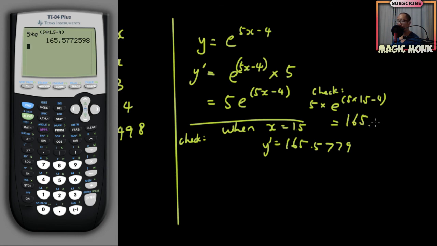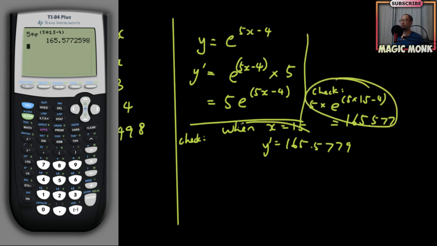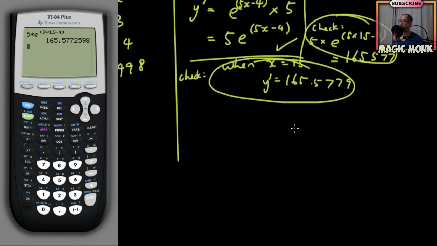So that's correct. Okay, this checking bit is optional. I'm just doing it to see that I'm doing it right. You don't need to do that. You just follow the chain rule.